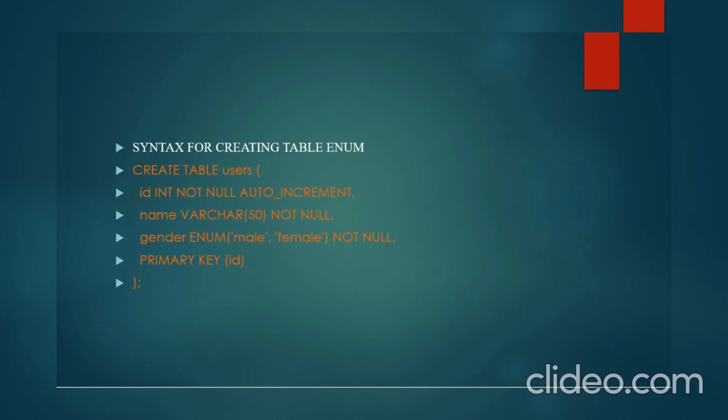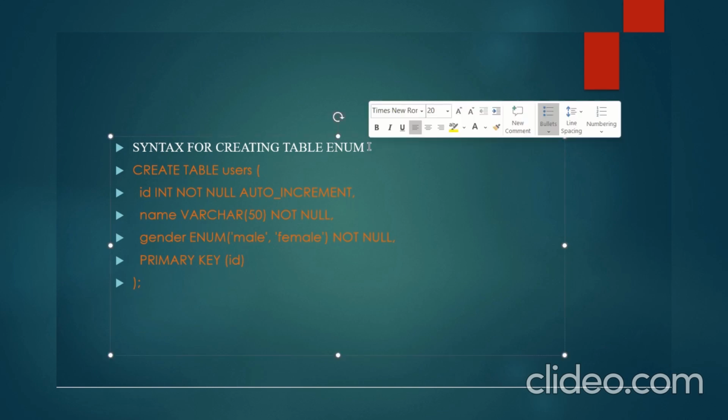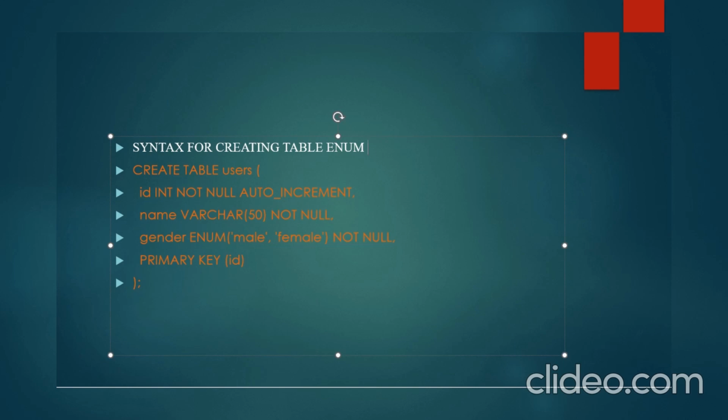CREATE TABLE users (id INT NOT NULL AUTO_INCREMENT, name VARCHAR(50) NOT NULL, gender ENUM('male','female') NOT NULL, PRIMARY KEY (id)). In the above example, it creates a table users, and the columns are id, name, and gender.